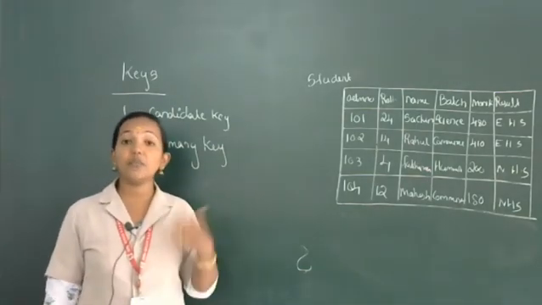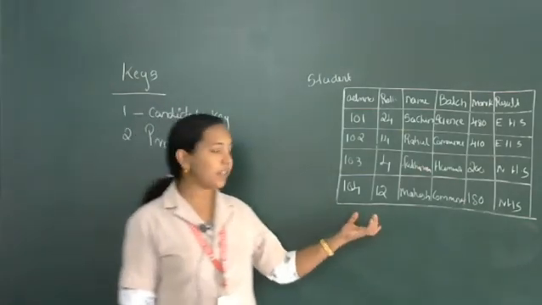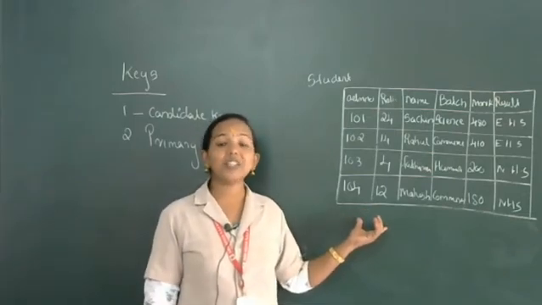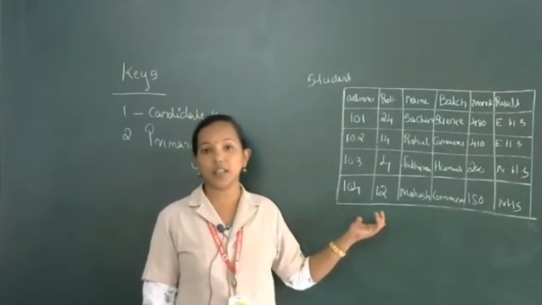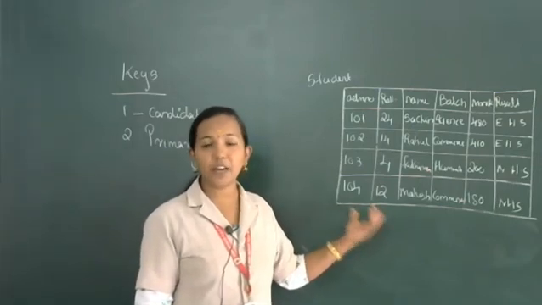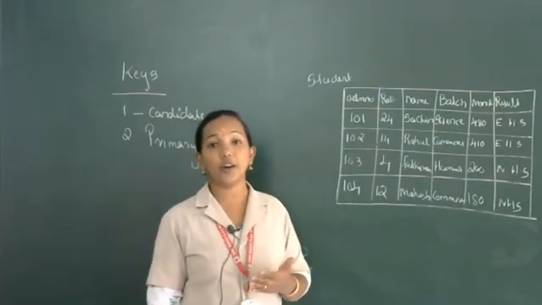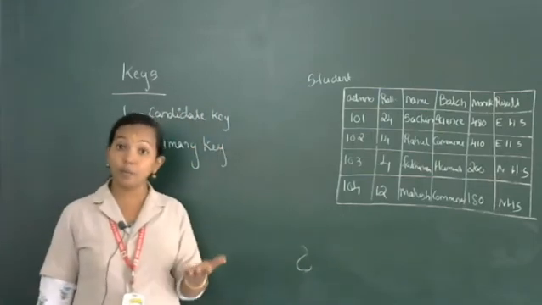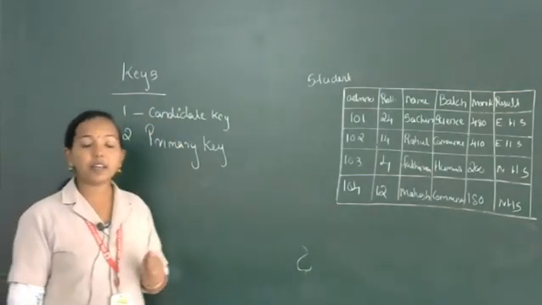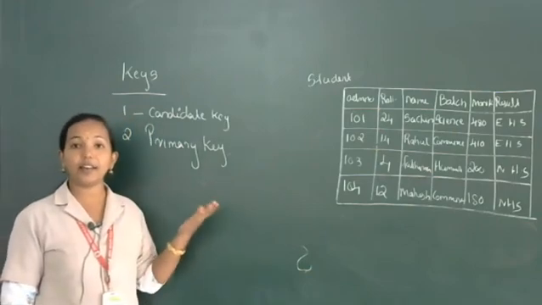We already studied keys. If we are using one or more columns to uniquely identify a row in a relation, then those keys are known as composite keys. So here it is primary key. Primary key is one of the candidate keys that is used to identify a row in a relation.